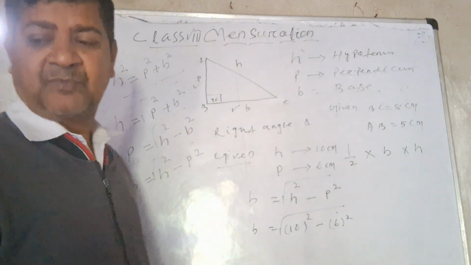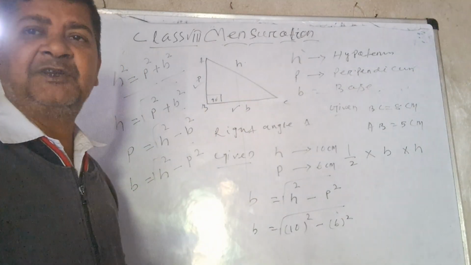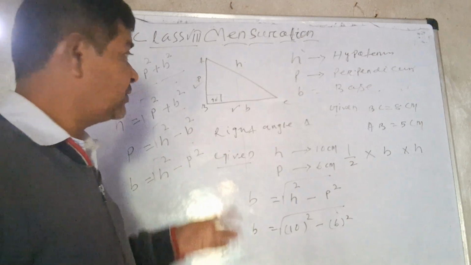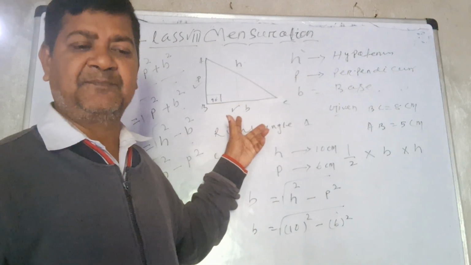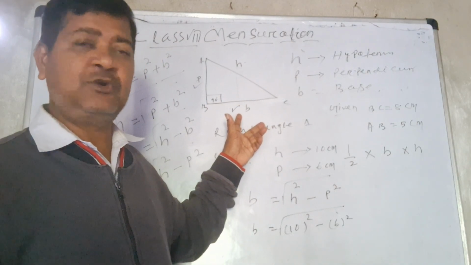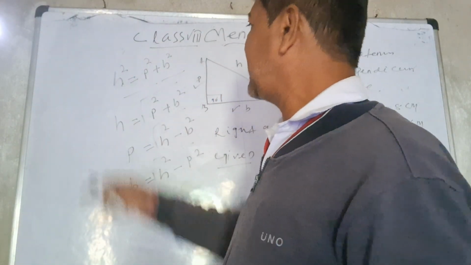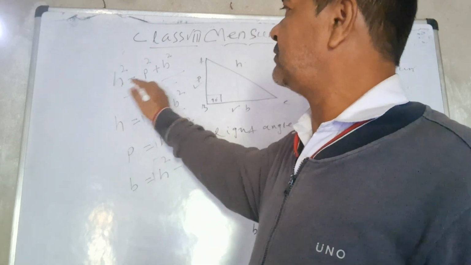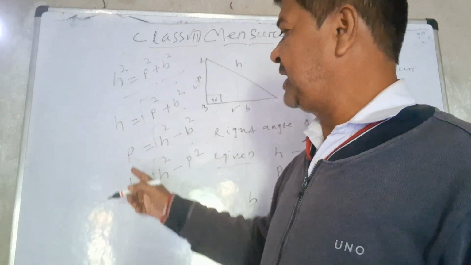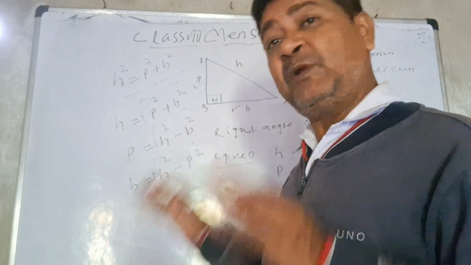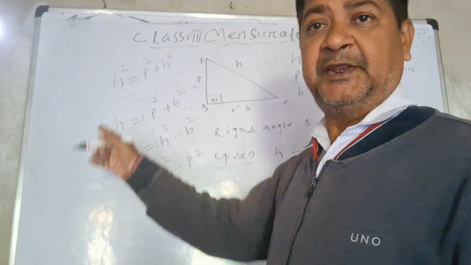In this way, you will be able to find all three sides of this triangle. If any two of them are given, you will be able to find the third by using this basic formula, H square equal to P square plus B square. Everyone should remember it.